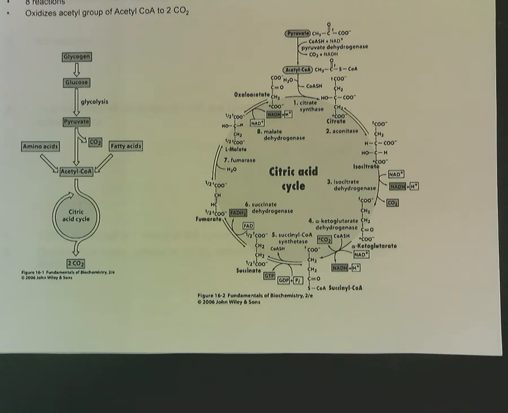There's going to be a lot of other things you can draw. I just want you to be able to recognize those big cofactors: NAD, FAD, CoA, ATP, ADP. But the bulk of it, knowing it in and out, is chapters 13 and 14. That is going to be the majority of it.